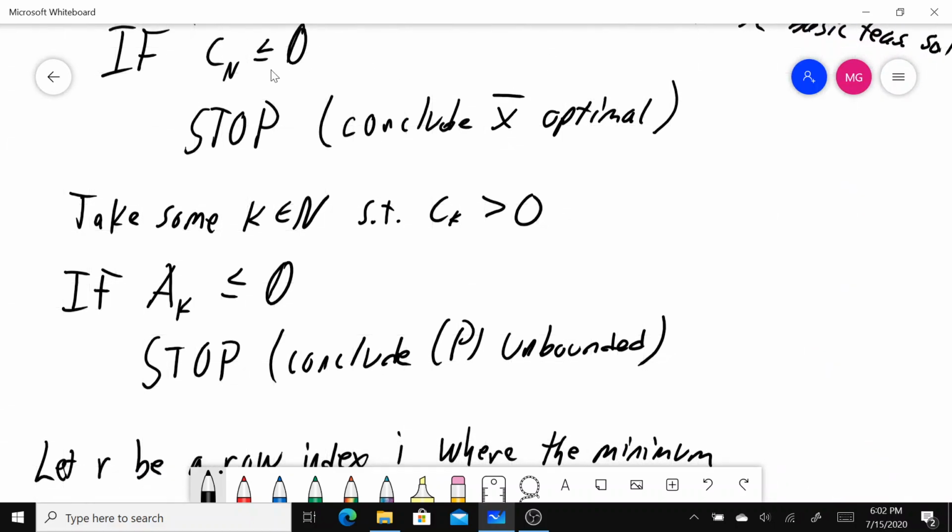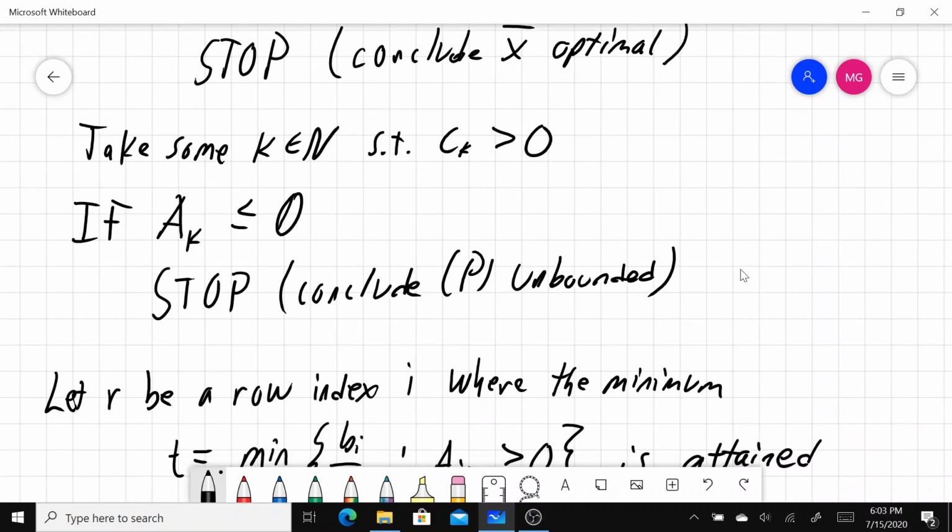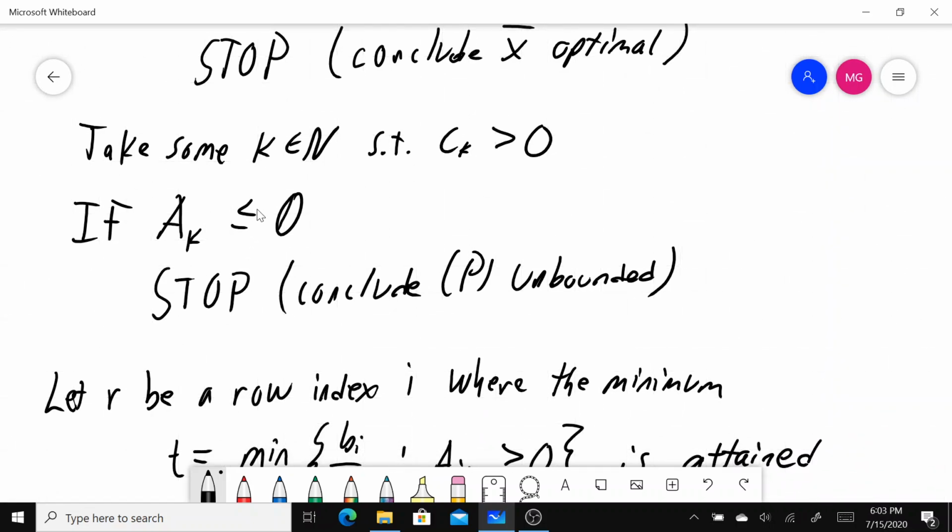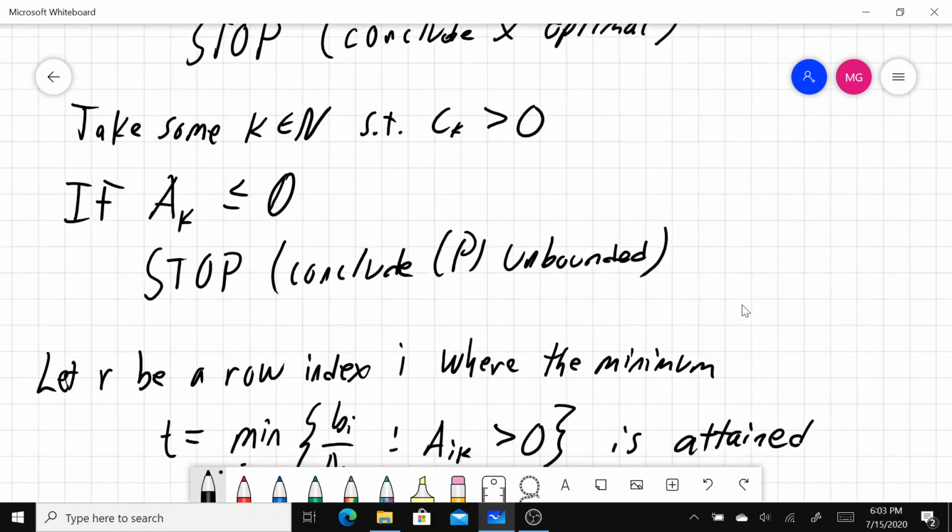On the other hand, if that's not the case, then there's some non-basic index k such that the associated C component is positive. Now, if we jump to the other corner case, if for that particular index k, A_k, the column vector, is less than or equal to 0, then we can again stop the algorithm and conclude that the linear program is unbounded, again for the reasons that we addressed above.